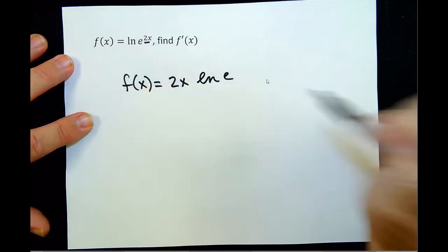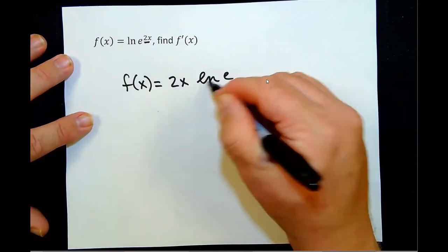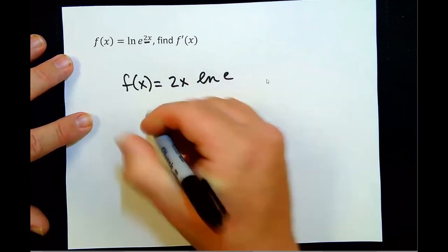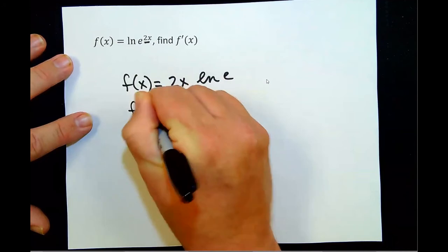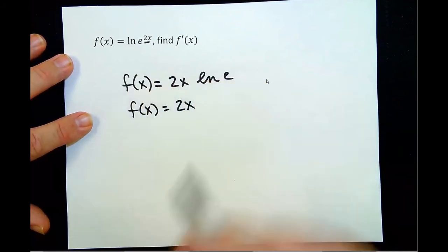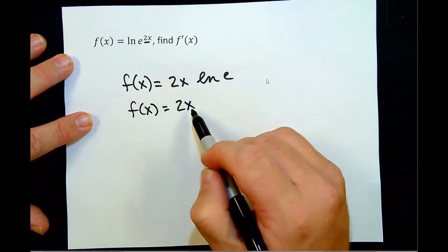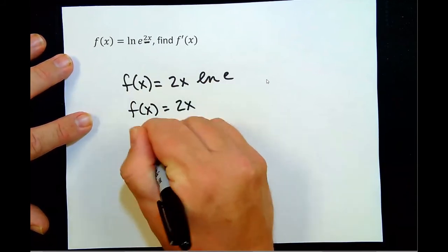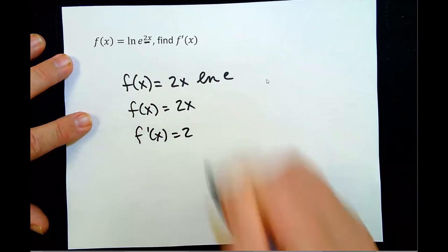And then ln e is equal to 1. So it's 2x times 1. And then the derivative of that is simply 2.